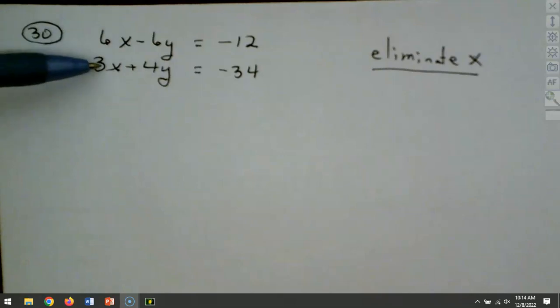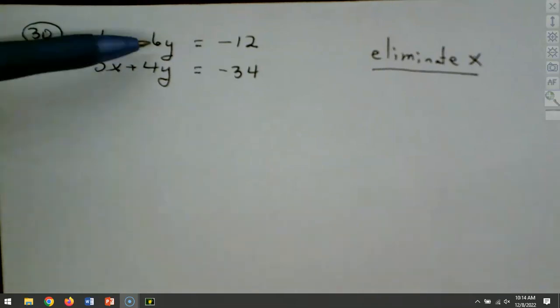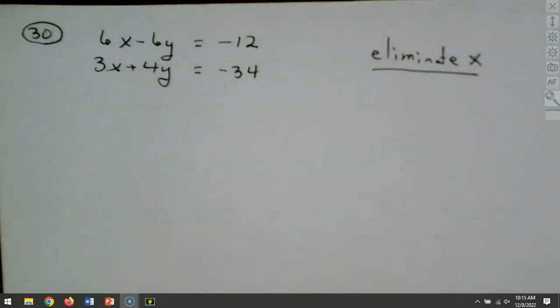Now, 3 times 2 makes it a 6. So that one's going to cancel out right there. I probably wouldn't want to use the 6 and 4 because I'd have to use a 12, and I'd have to multiply it twice instead of just once. I'm trying to get by with a minimal amount of work so I don't make mistakes. Because the more multiplications you do, the more likely you are to make a mistake.